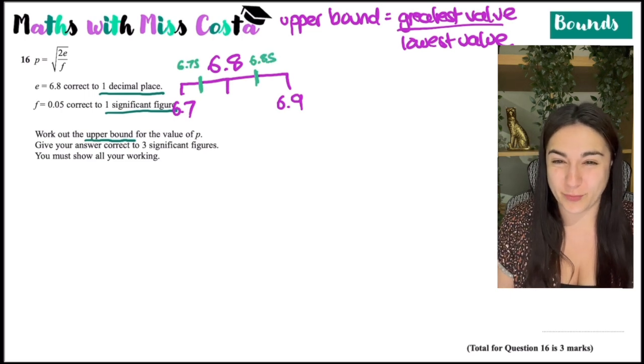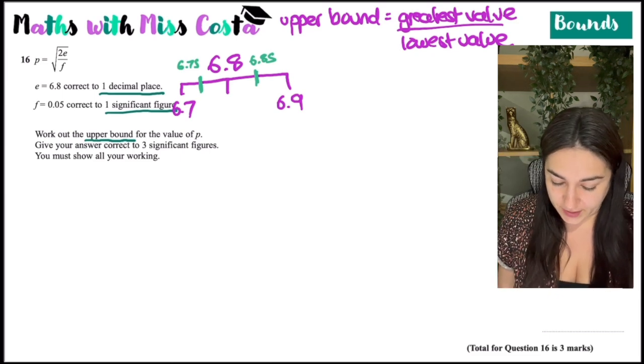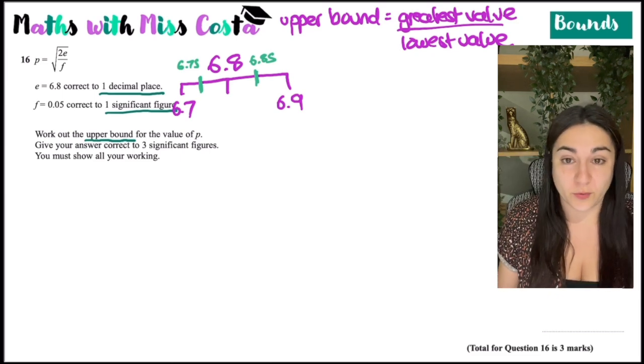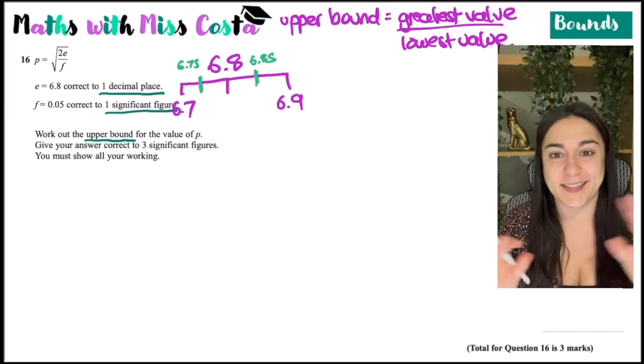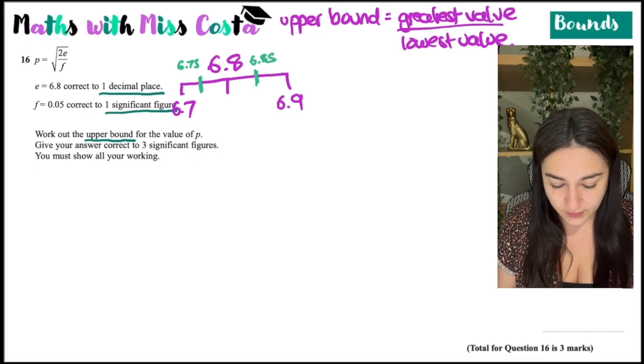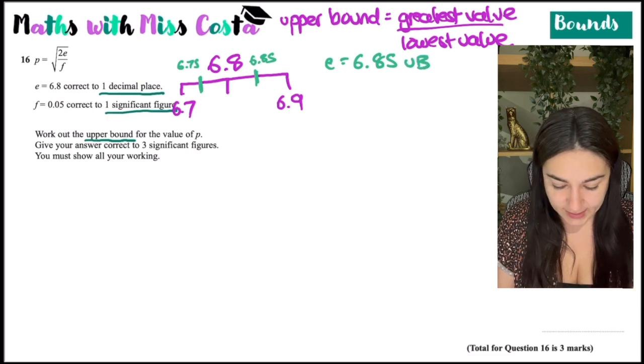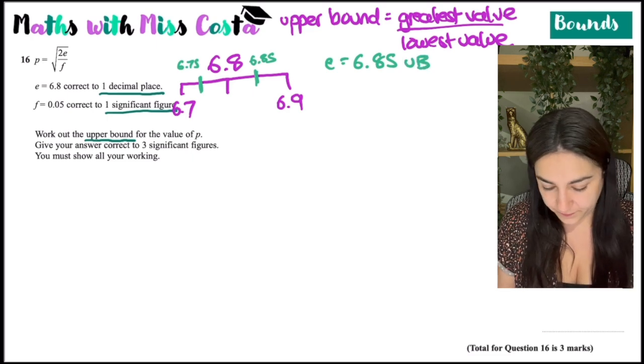Now obviously we know that it's not 6.85, we just use this for bounds, it's fine. It would technically be 6.849 recurring, but instead of doing that, we just say it's 6.85. So e is 6.85 to the upper bound.